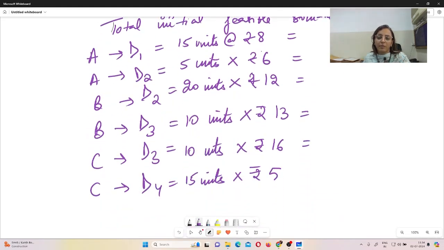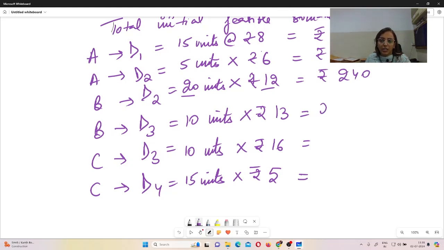So we multiply 15 units by 5 rupees, and then we have to see whether the number of allocations is equal to m plus n minus 1 or not. If it is not, then again we have to go for the adjustment. So first we multiply 15 multiplied by 8, that equals 120. 5 multiplied by 6 equals 30. 20 multiplied by 12 is 240 rupees.